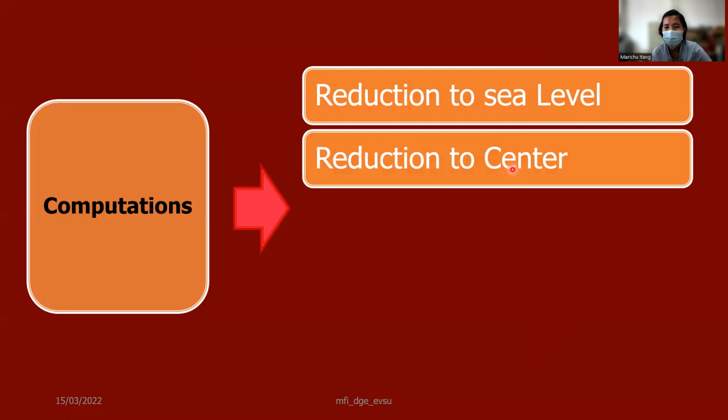Then we have reduction to center. This is one of the methods where you place another point to occupy, but then you observe the original point on the ground. We are going to discuss this further later on.